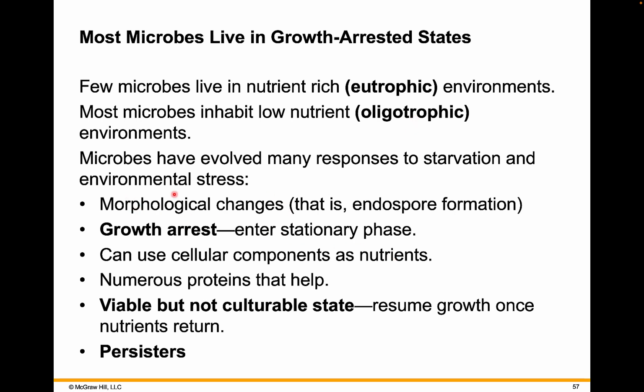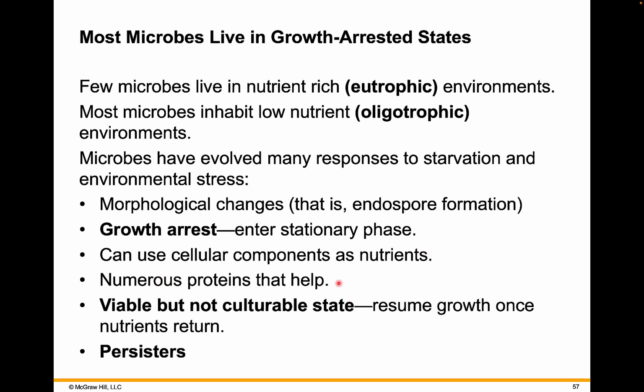They have morphological changes, that is endospores, in terms of starvation and critical conditions. They can undergo growth arrest and enter the stationary phase. They can use cellular components as nutrients. For example, they can digest the slime layer or the capsules if needed.